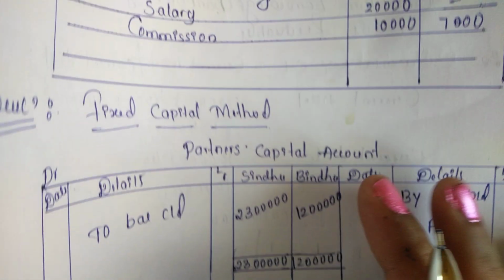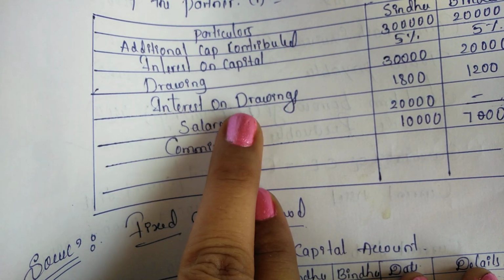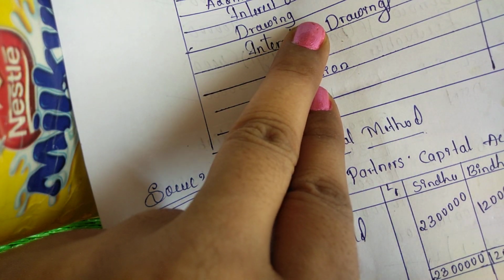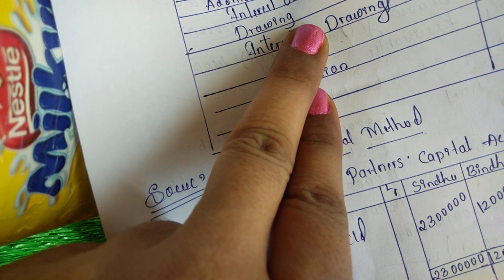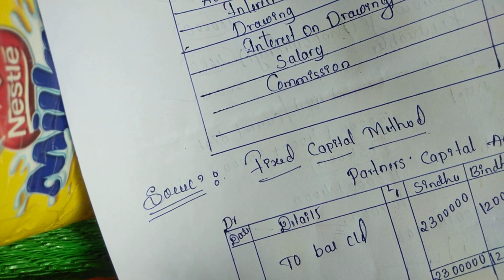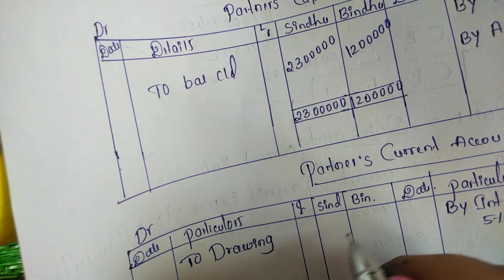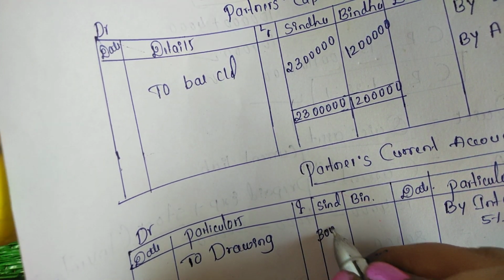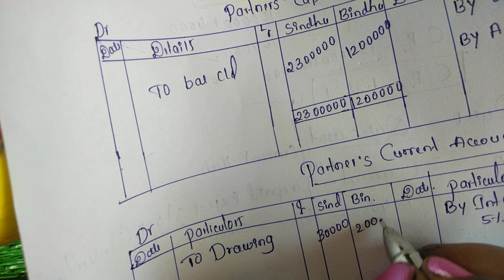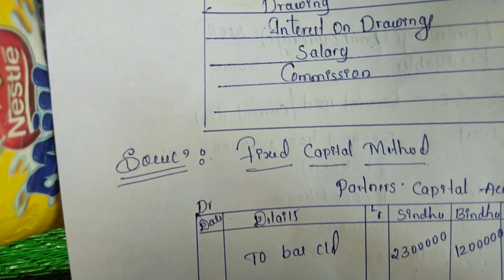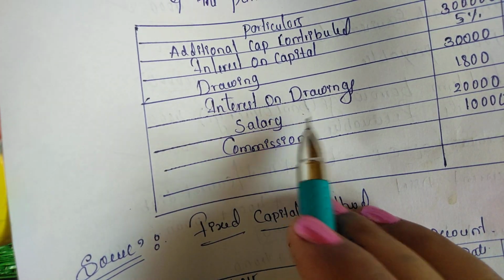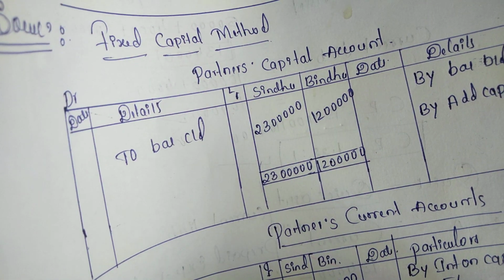Next adjustment, the interest on drawings. The drawings come on the debit side of the partner's current account. To drawings, the amounts are 30,000 and 20,000. The next item, salary. Salary comes on the credit side.